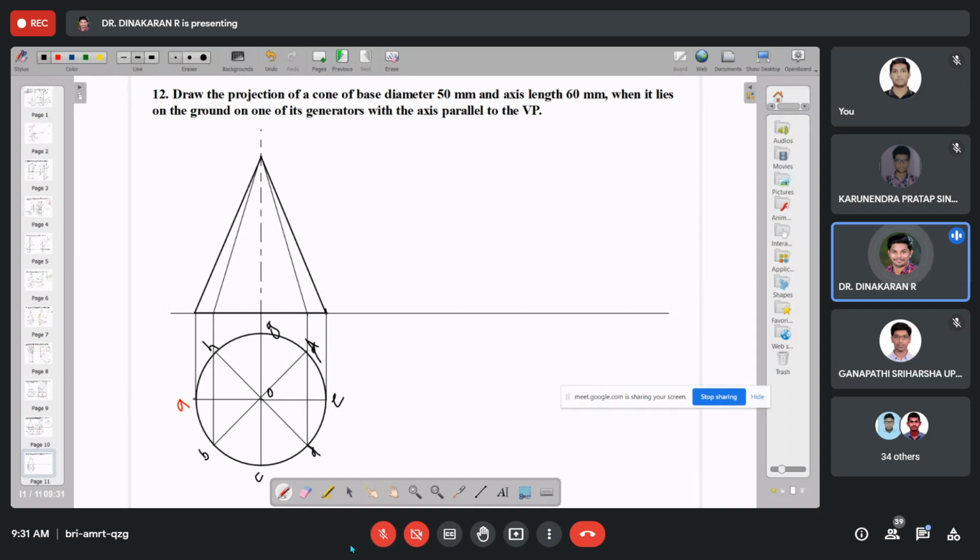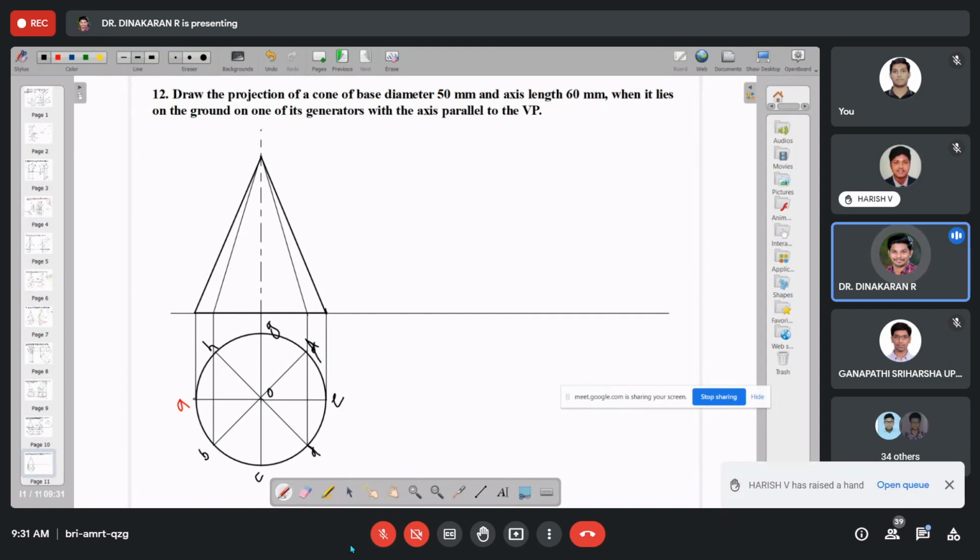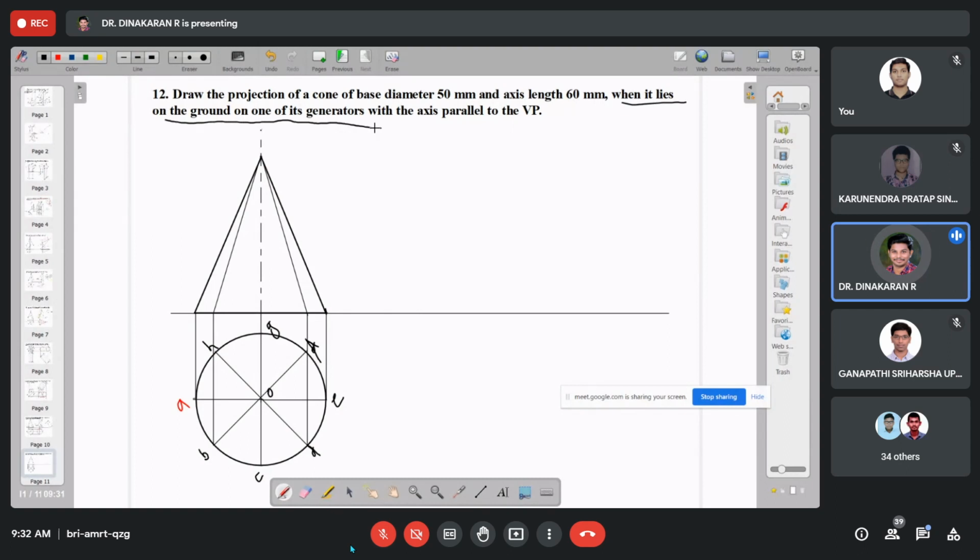So the geometry is given, the diameter is given, and the axis height of 60 mm is given, but it is lying on the ground on one of its generators. One of its generators lies on the ground with the axis parallel to the VP. So directly I placed it here.